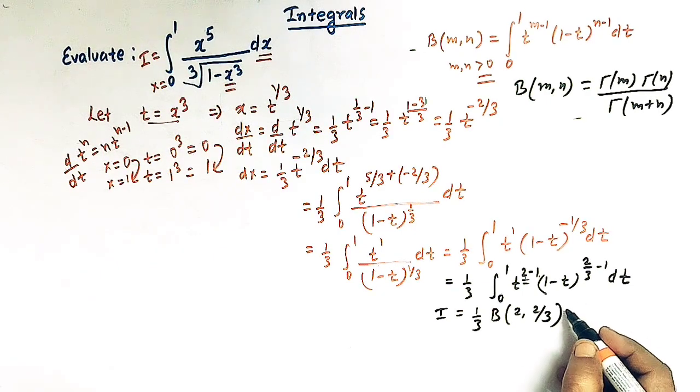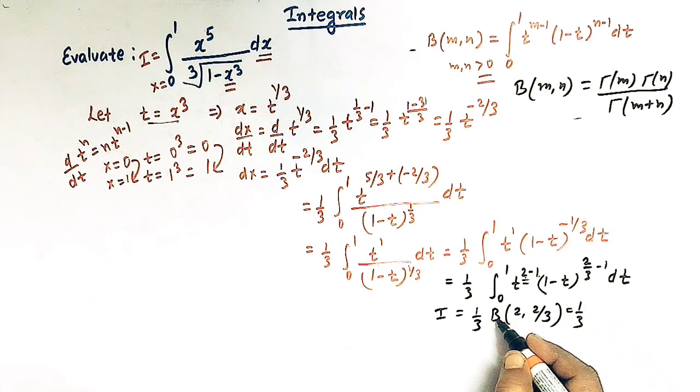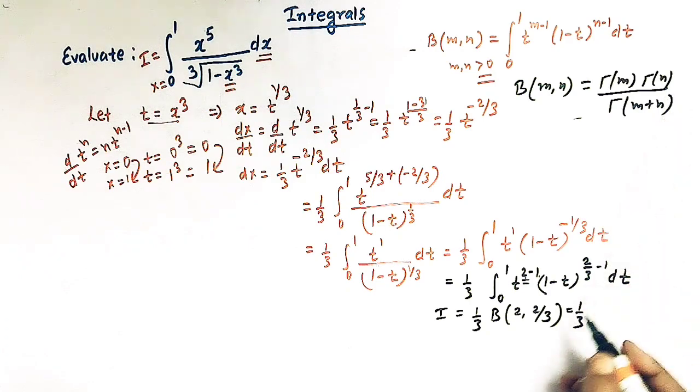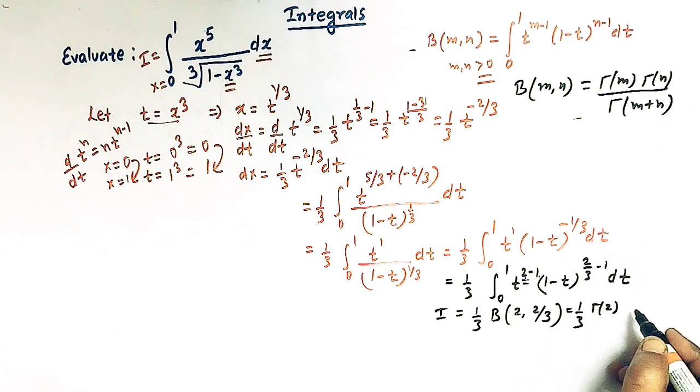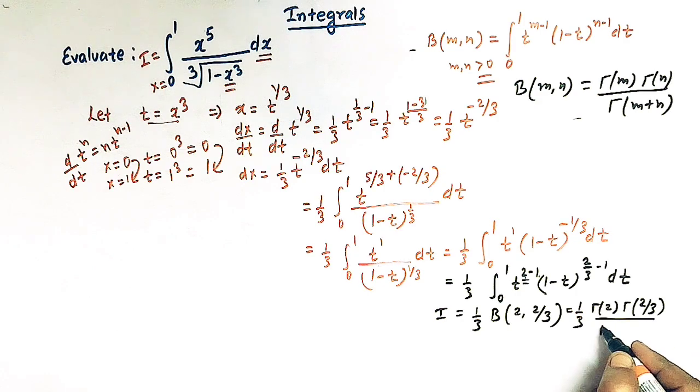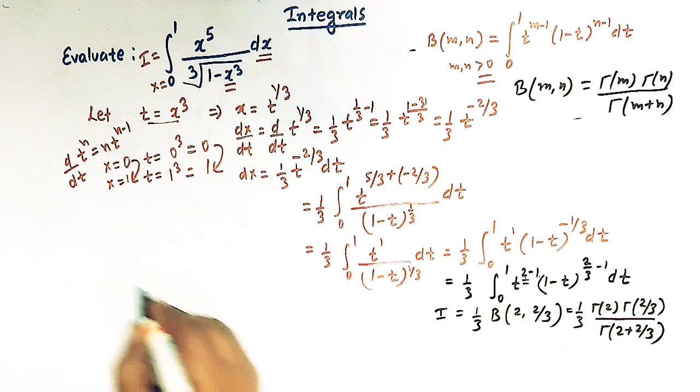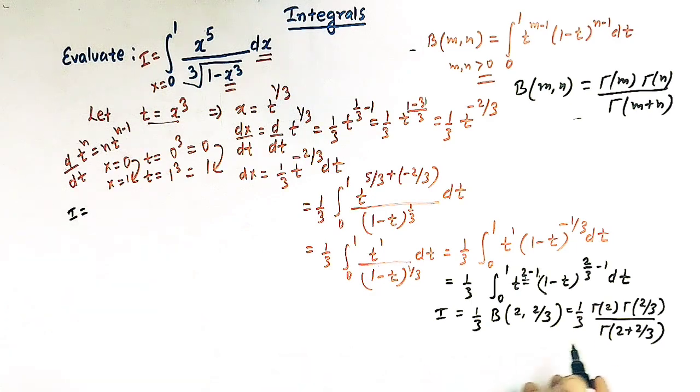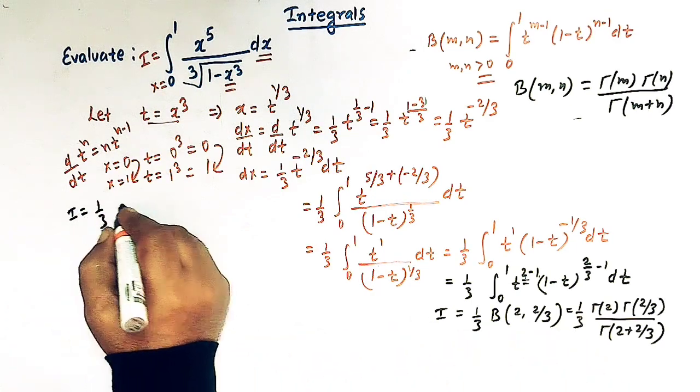Now we can write here 1 over 3, and using this result we have gamma 2, then gamma 2 over 3 divided by gamma 2 plus 2 by 3. So the value of the integral I can now be written as 1 over 3.